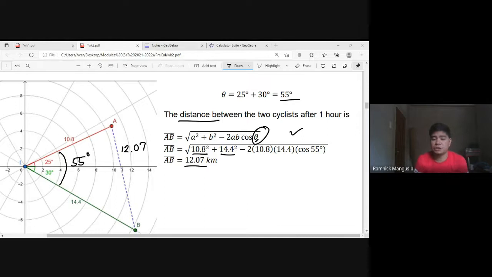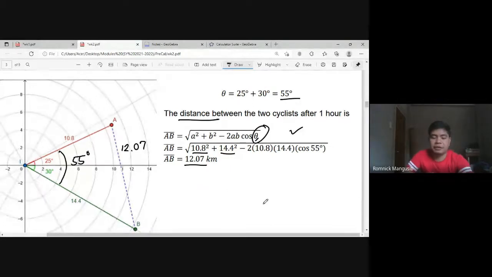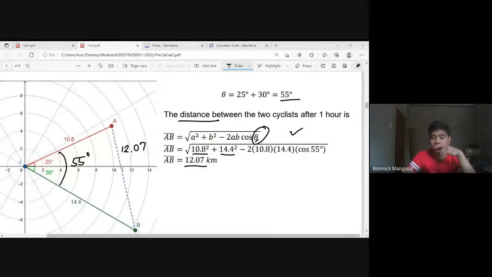Now, to check if you understood this kind of problem, I'm going to present just one problem and I want you to provide your answer. Okay, so here is the problem. But before that, meron ba kayong tanong? Meron ba kayong gustong i-clarify? Kasi we are reviewing, class, so I want you to speak out your mind.